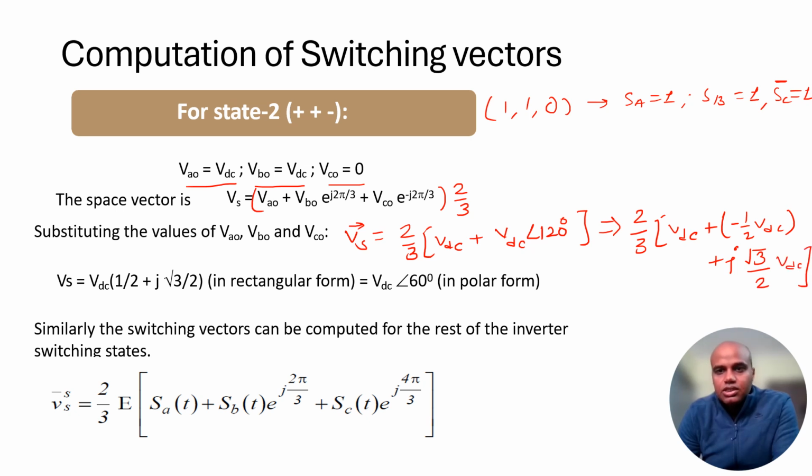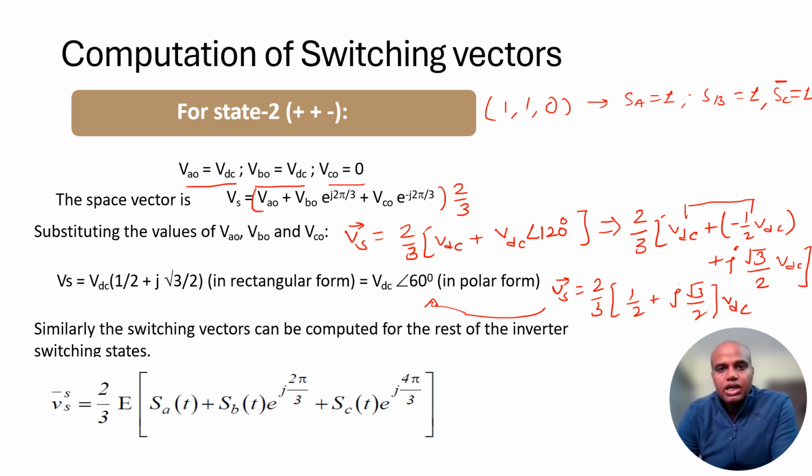So this becomes half of VDC, and this becomes j root 3 by 2 VDC, which is nothing but the Vs vector equal to 2 by 3. Taking VDC common over here, we have half plus j root 3 by 2, with VDC taken out. So this is in the rectangular form.